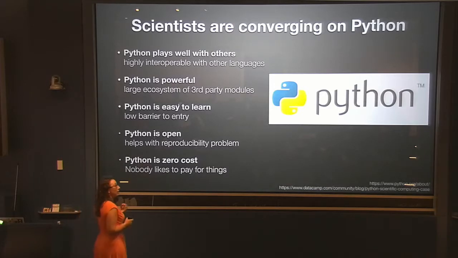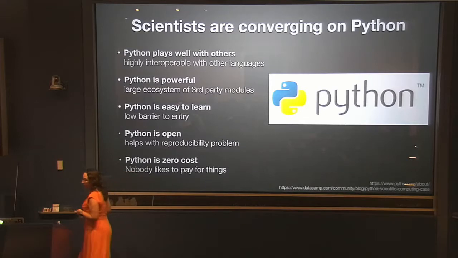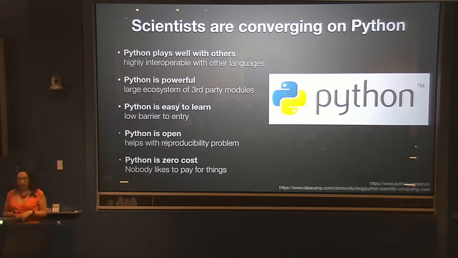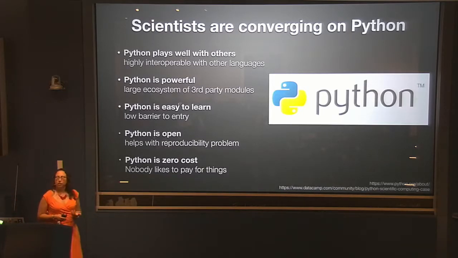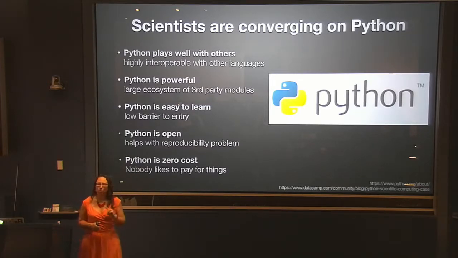So Python plays very well with other codes. It works very well with C++, among other things. It's powerful. It has a large ecosystem of third-party modules. It's also super easy to learn, which was attractive to me. So it's a low barrier to entry, which isn't necessarily the same for codes like C++. Python also is developed in the open.